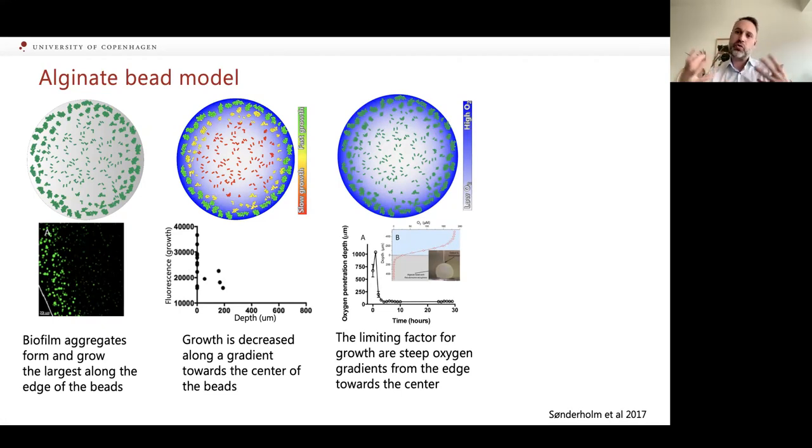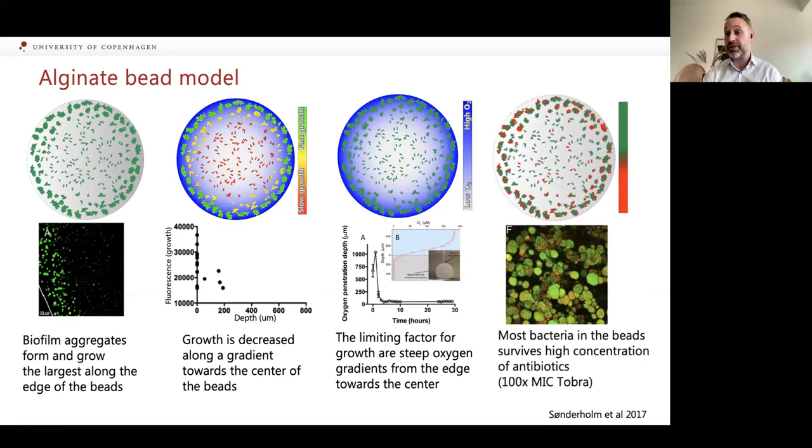So here we try to create these external gradients towards the center of the beads. And if we treated these with antibiotics, they could survive 100 and nearly 1,000 times the minimal inhibitory concentration of most of these drugs. So the bacteria in these beads were very tolerant.